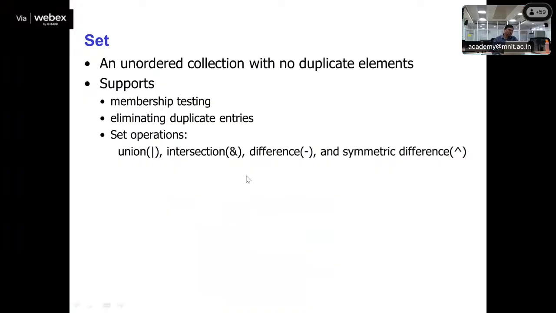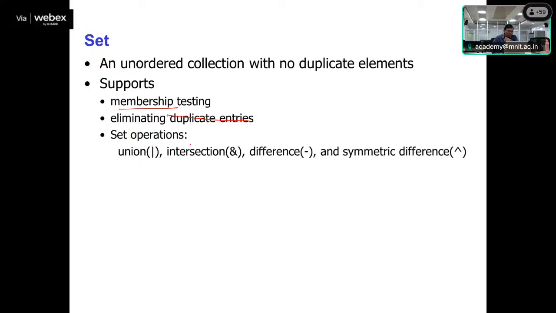So this set is an unordered collection of items with no duplicate elements, which supports various functionality. Using this set, we can check whether some item is available in this collection or not. We can perform this membership testing. We can eliminate duplicate entries, because if you create a collection of items as a set and anyone wants to add an item which is a duplicate, it will not be added to that set.